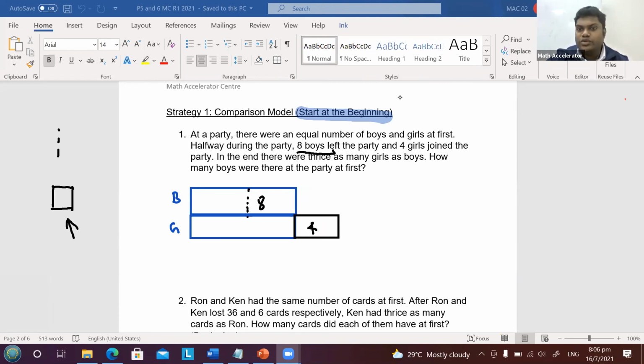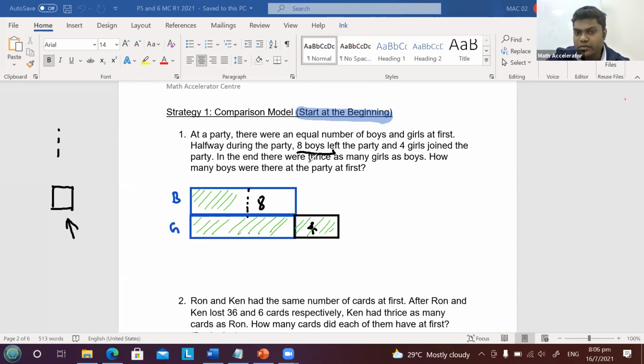Now I want you to go and shade what happened at the end. Shade lightly. At the end, this is the amount of boys left, and this is the amount of girls left, including the 4. So what did the question say?